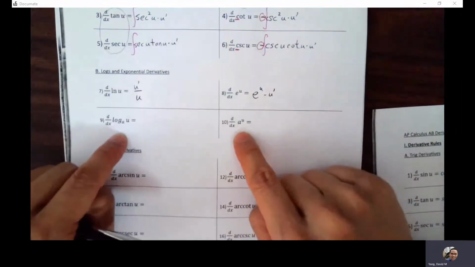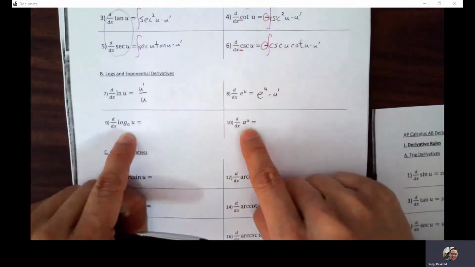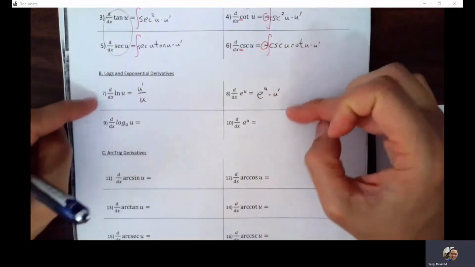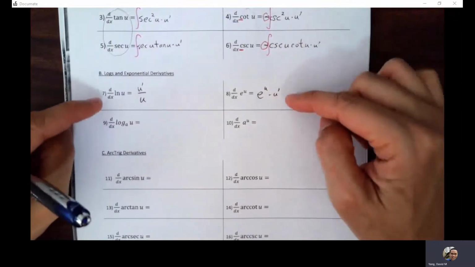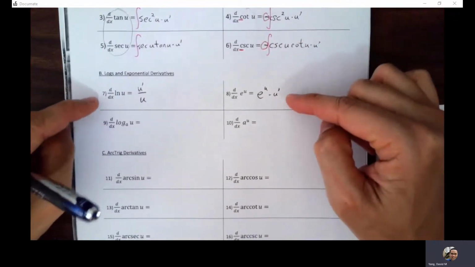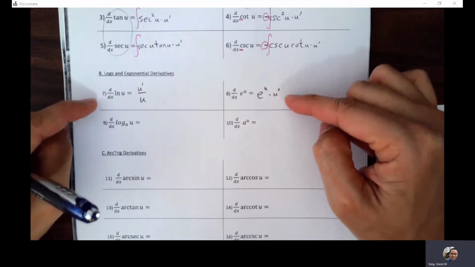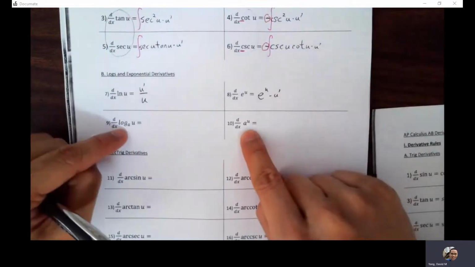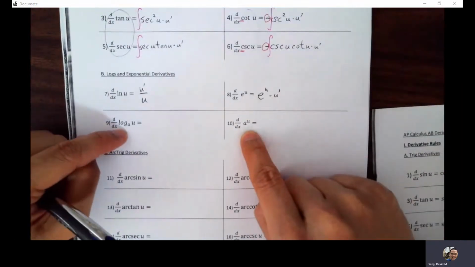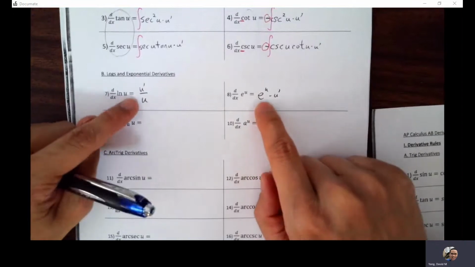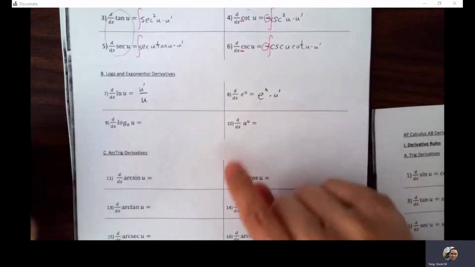Now, these are less common, log base a of u and a to the u, but I want to put them directly below these, because I think of these as kind of parent derivatives or parent functions, and these are just functions that are kind of based off of the ones above it.